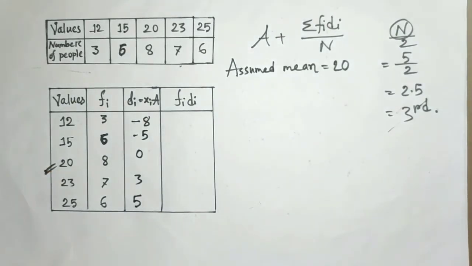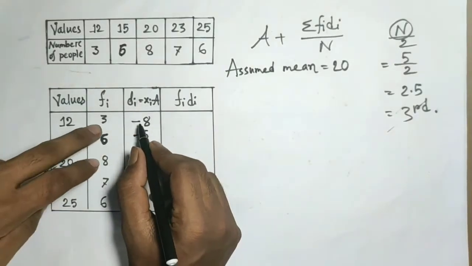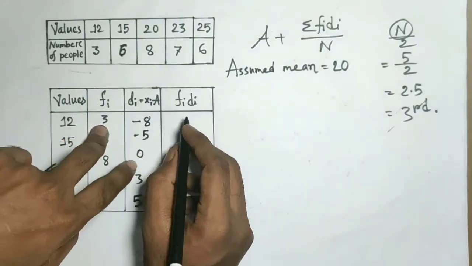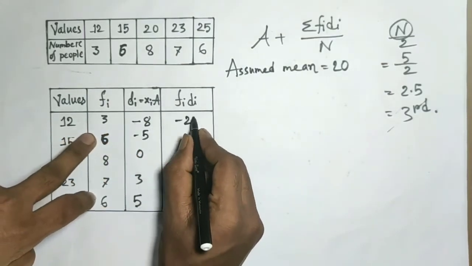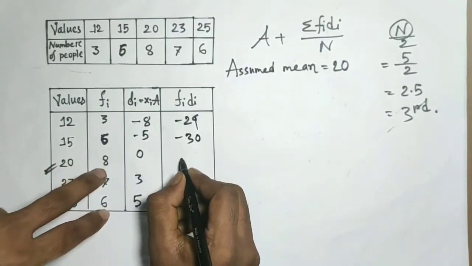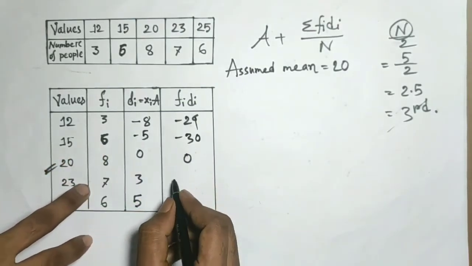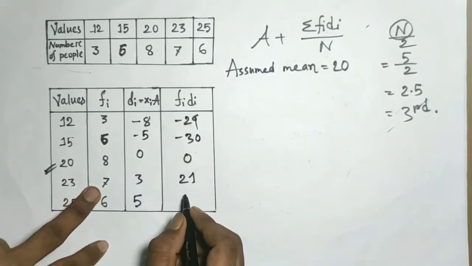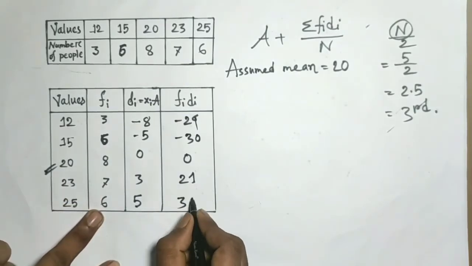As in the direct method, here we have to multiply the deviation of each individual by its corresponding frequency. So the product of 3 and minus 8 is minus 24, and this one is minus 30, and here 8 into 0 is 0, and 7 into 3 is equal to 21, and 6 into 5 is equal to 30.